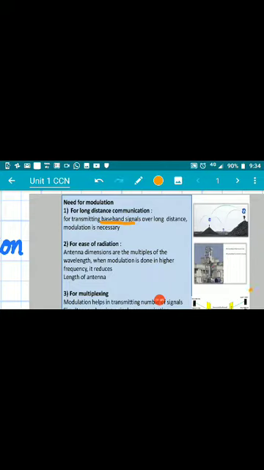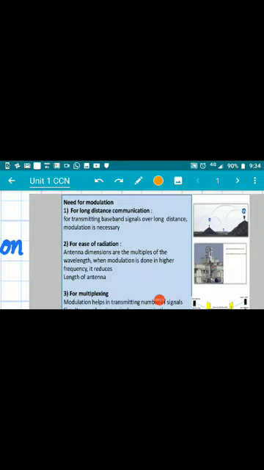The baseband signals will not have higher energy. When the baseband signals do not have higher energy, they cannot travel over a longer distance. To make these baseband signals gain the amount of energy that is sufficient for traveling from source to destination, what do we do? We do modulation.